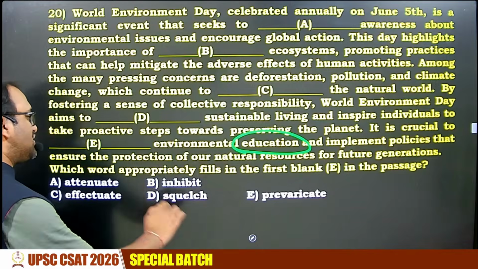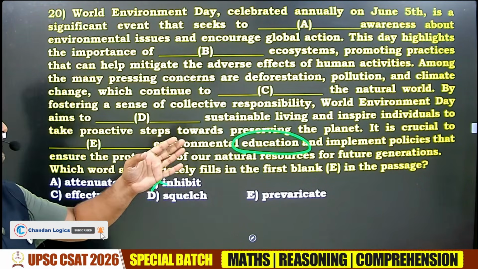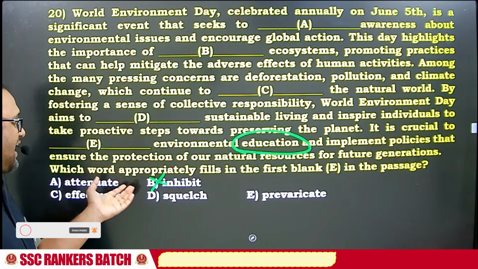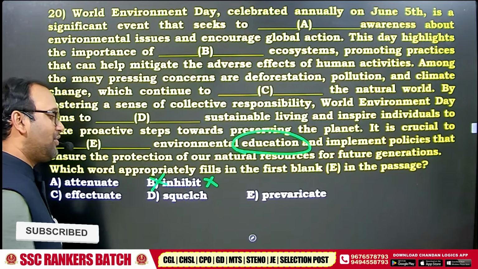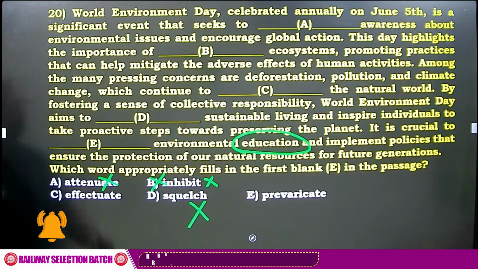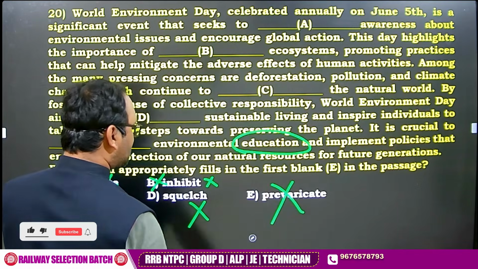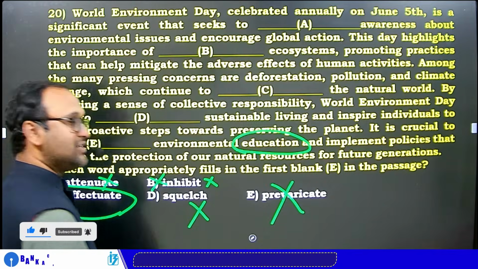Do you want to prevent education? No, right? The sentence is also important. It is crucial to stop education? No. It is crucial to suppress education. It is crucial to reduce education. It is crucial to prevent education. No. It is crucial to create education. So that's very important.